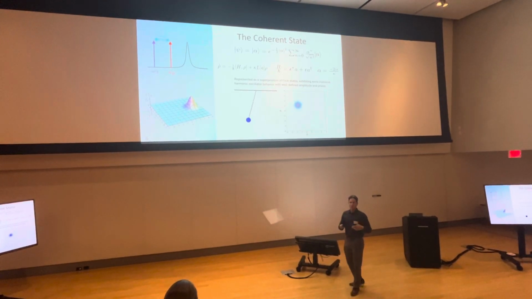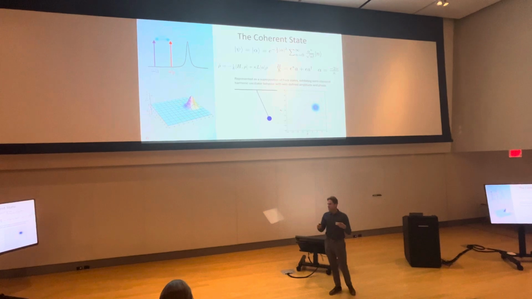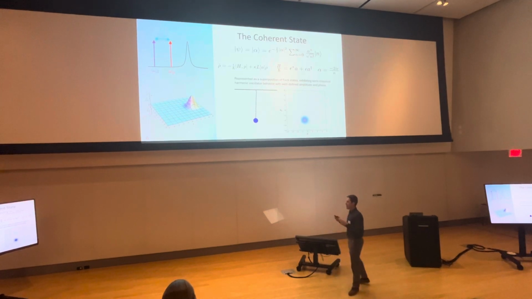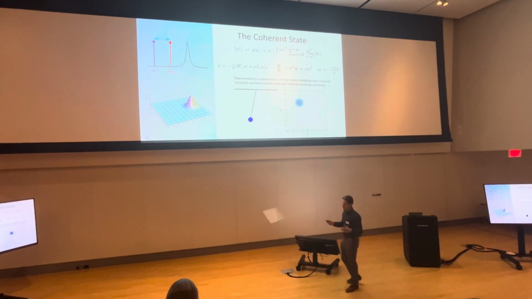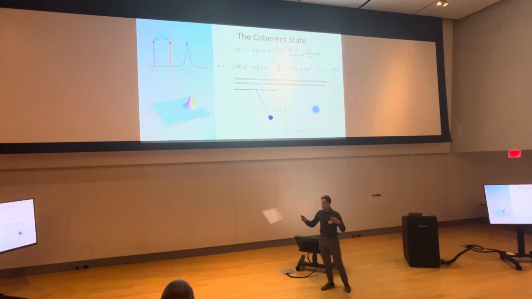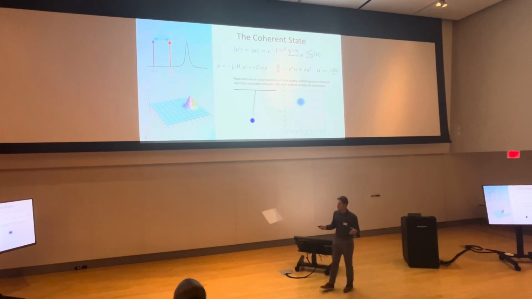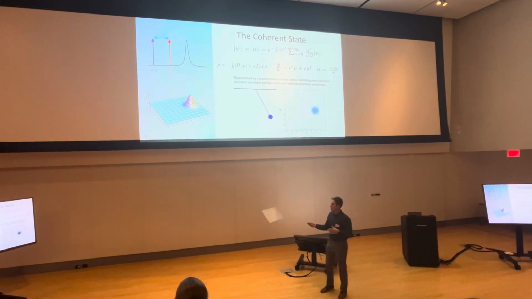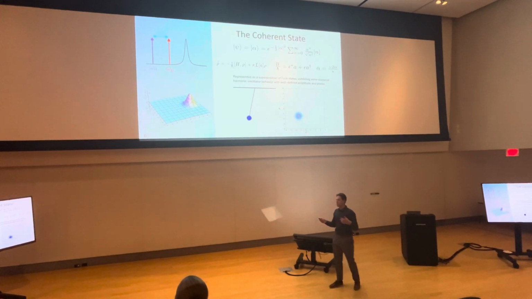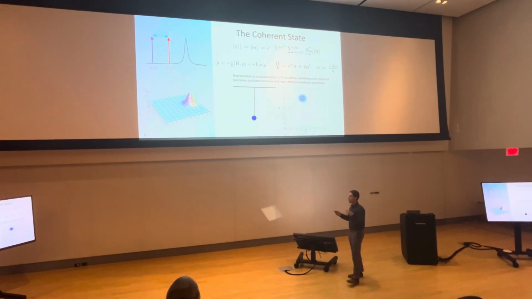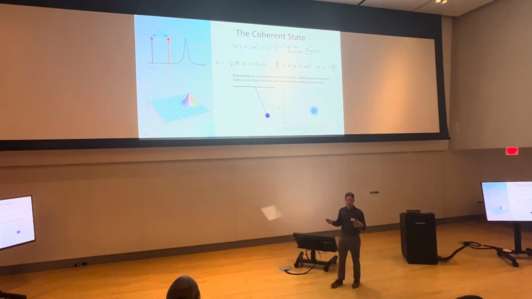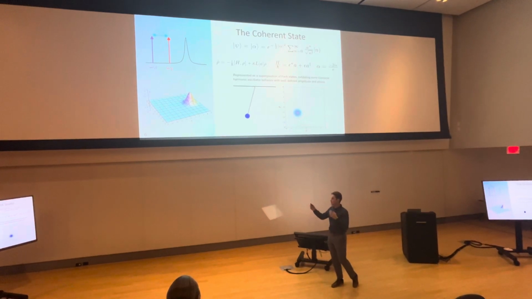So starting with something like the ground state, if you displace the ground state, you have what's known as the coherent state. And we have a similar master equation here, where we have a single mode dissipation, and a similar Hamiltonian where we just have a single creation and annihilation, where the coherent state size is representative of this equation alpha.